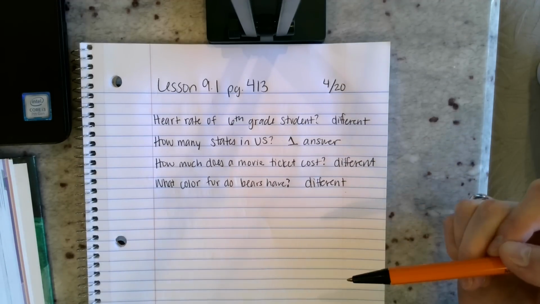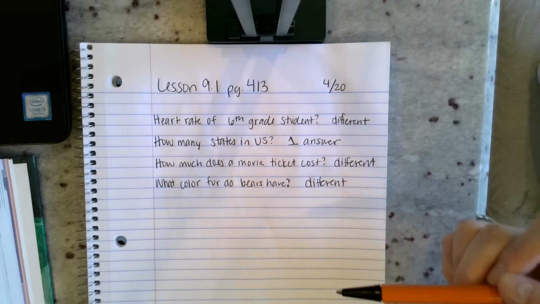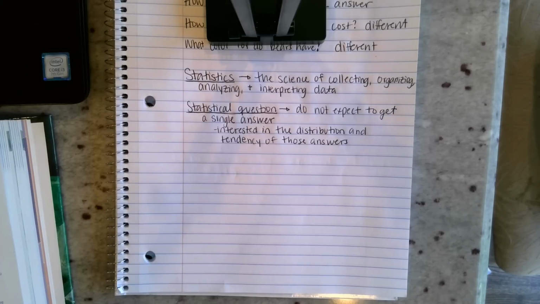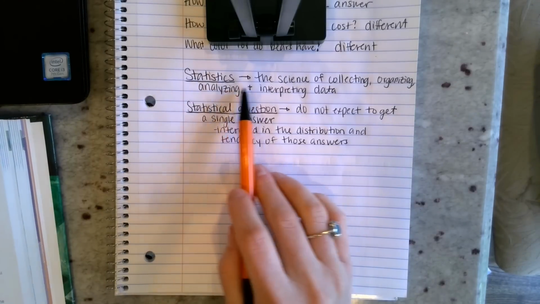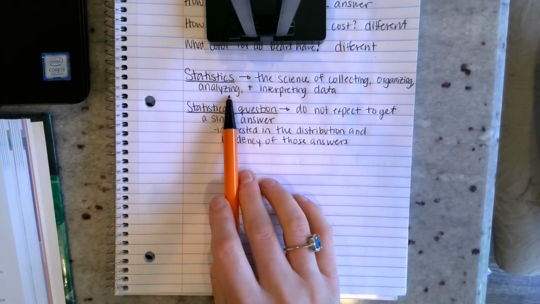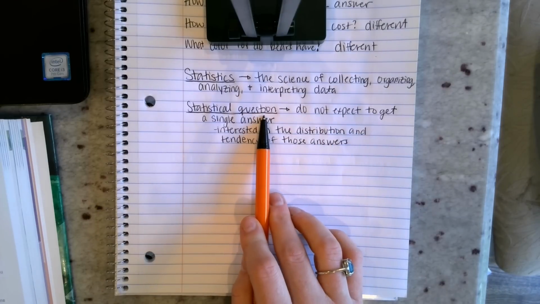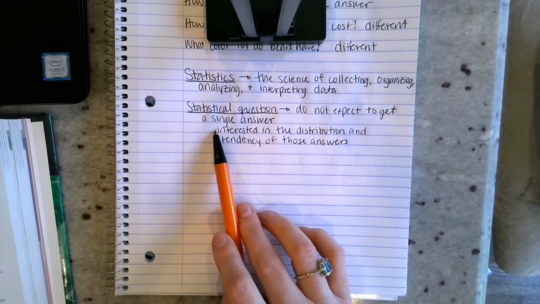If you can get different answers, then that is a statistical question when you don't expect to get a single answer. So let's write down those definitions of what we're talking about today, statistics and statistical questions. Okay, so statistics is the science of collecting, organizing, analyzing, and interpreting data. And with statistical questions, you do not expect to get a single answer.